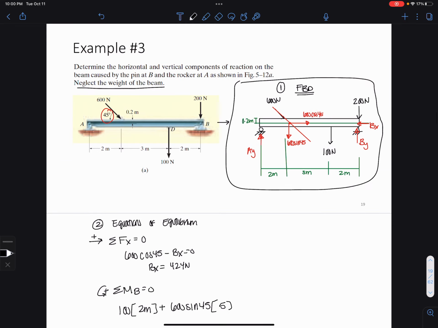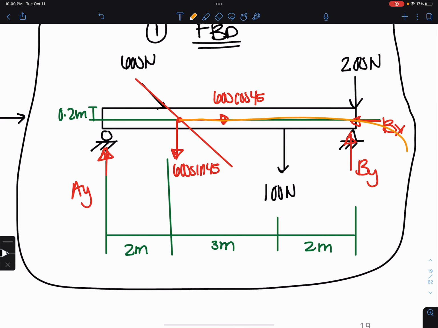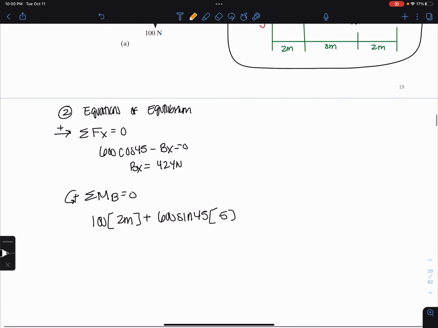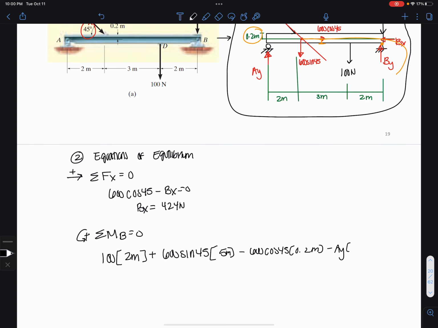And I also need to add in the 600 cosine 45, because if you see, 600 cosine 45 goes around point B and it has this little tiny moment arm equal to the thickness of the member. So I also need to subtract. And then lastly, minus Ay. And I can solve for Ay as 319 newtons.